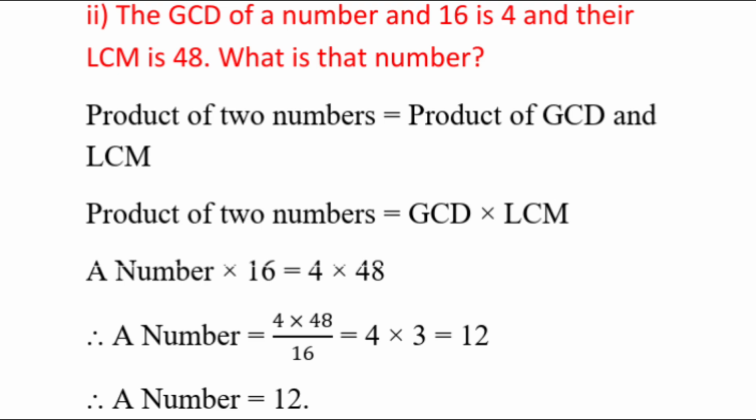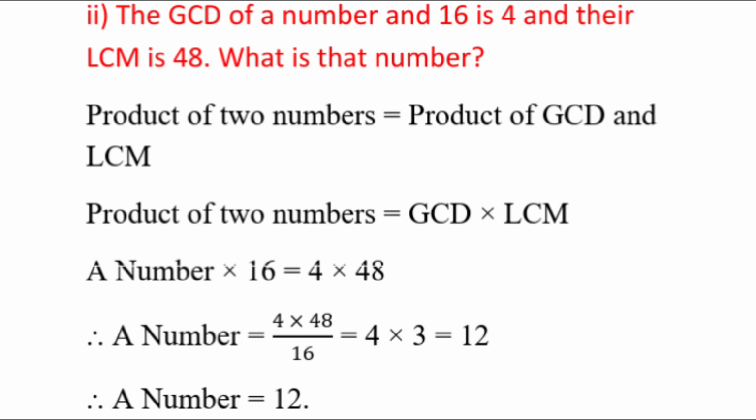Then the second one: the GCD of a number and 16 is 4. Means GCD is 4 and their LCM is 48. Then what is that number? Use the same formula. Product of two numbers is equal to product of GCD and LCM. So GCD given here is 4, LCM is 48 and one number is 16.